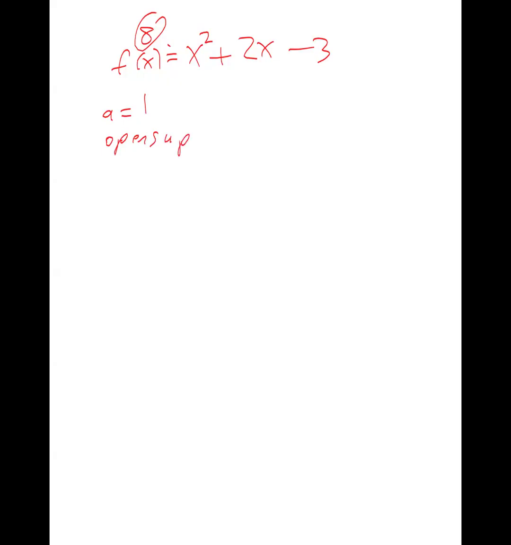However, the values of B and C are not the same when it's in this form as they are when it's in the other form. So these values of B and C are not applicable. Have you ever seen the word n/a? That means not applicable. Those values of B and C are not the same values as in standard form, because this is not factored into parentheses or anything like that.